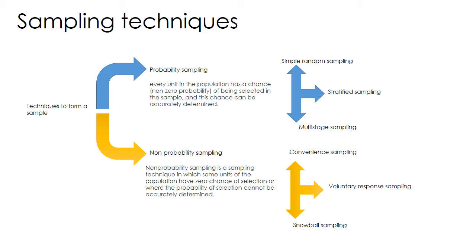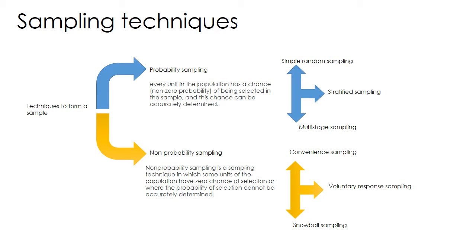So what is non-probability sampling then? It is the opposite of probability sampling. In non-probability sampling, not everybody has an equal chance. Maybe some participants are more favorable to be included in the study. Maybe they were voluntarily participating.